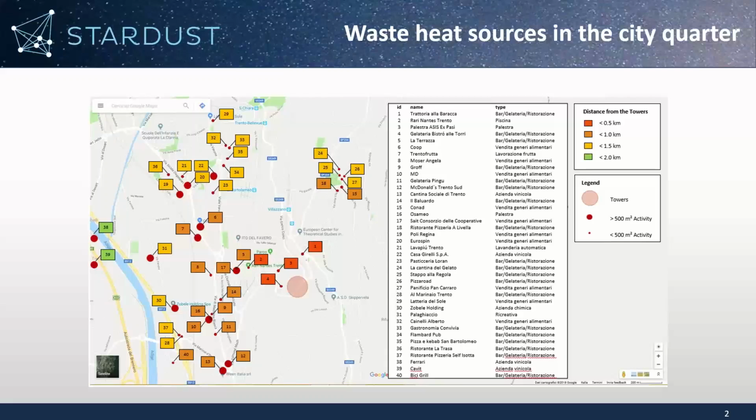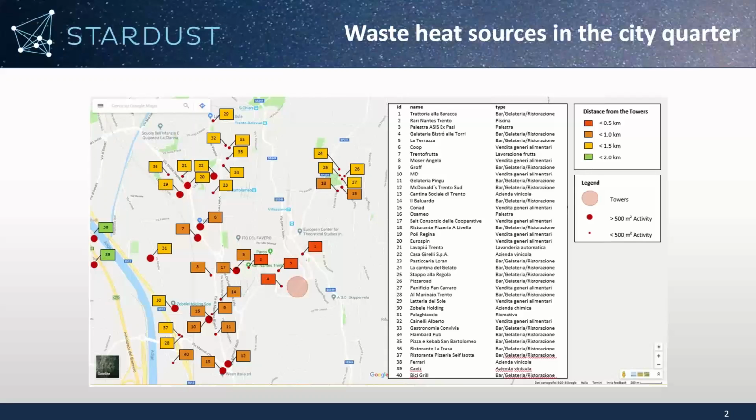And the idea here was to look into the extent of this waste heat in different production sites, and eventually how to recover it in the three towers, in the 3 buildings, as I said before.